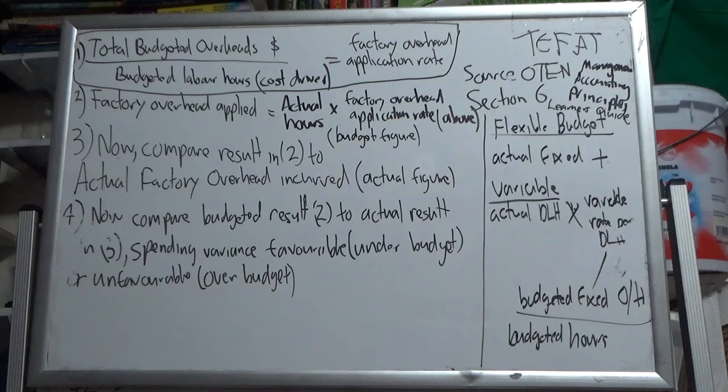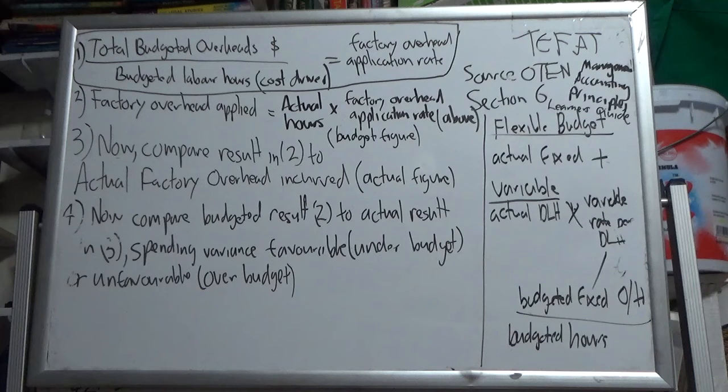But if the budgeted figure is less than the factory overhead applied, found by actual hours multiplied by the rate in step 1, then that would mean that that's actually favourable. The budgeted figure is less than the actual figure, alright?